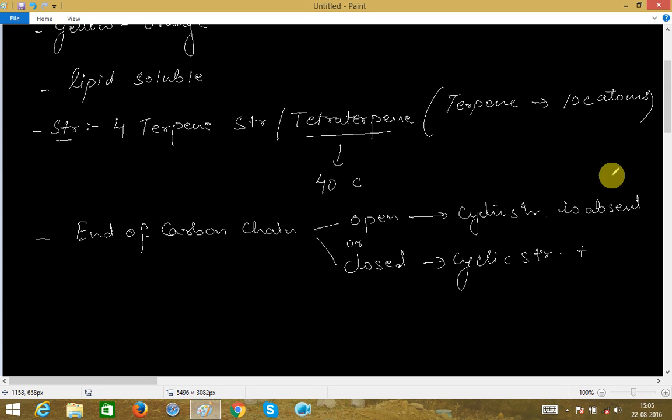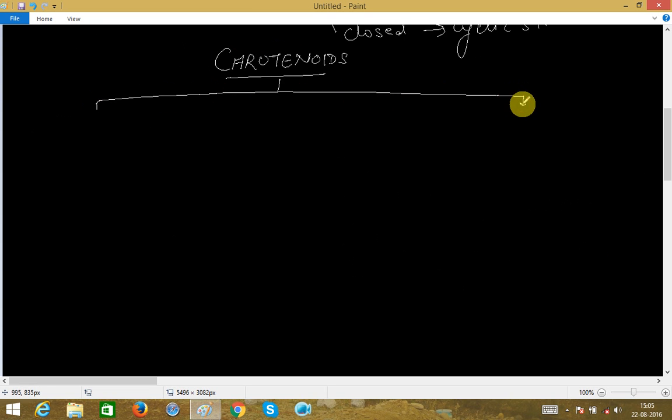Talking about the types of carotenoids. There are 2 main or broad classifications of carotenoids. They are divided into 2 types. First is carotene. Another one is xanthophyll.